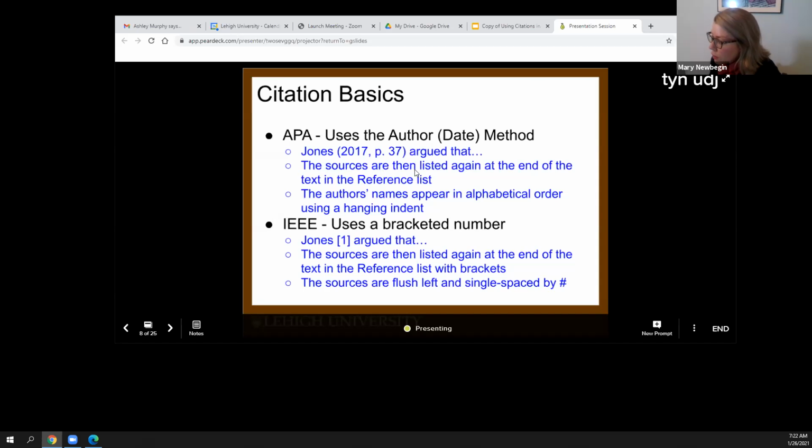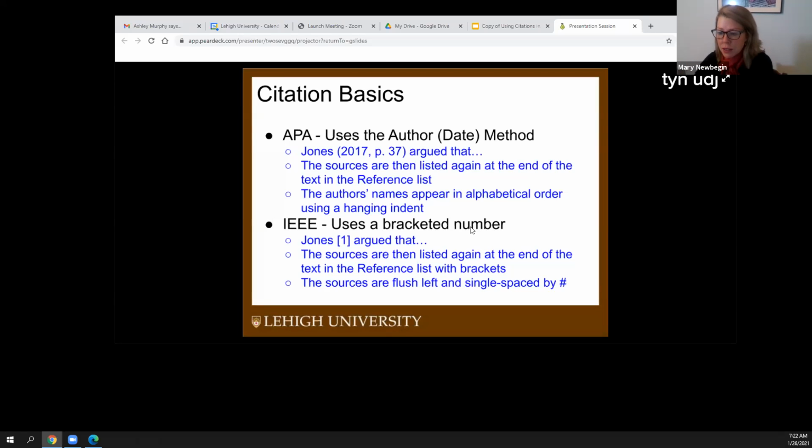Then all of the sources are listed again at the end in the reference list. The authors' names appear in alphabetical order with a hanging indent. What I mean by hanging indent, when you see my example in a moment, is that if you're looking at the reference list and there happen to be like 40 references, in a doctoral thesis or a longer paper, it's not unusual to have a long reference list.